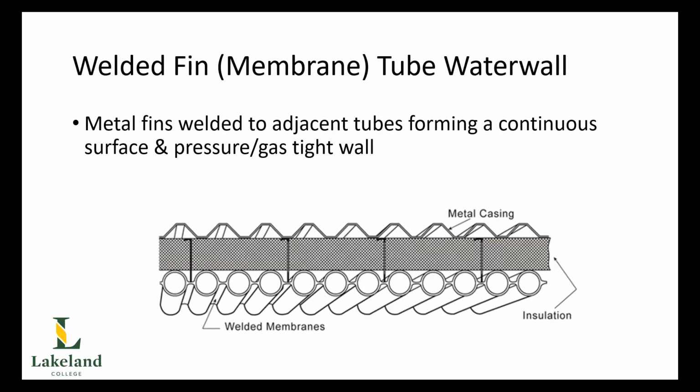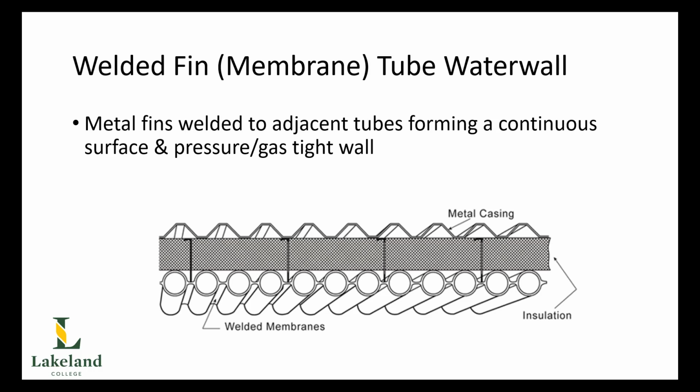The next one is our welded fin tube water wall, and this is the one that's often referred to as a membrane wall. And remember, a membrane wall simply means that this wall of water tubes is gas tight. And you can see that with the diagram here in figure 5 of your textbook. The tubes are connected together by these welded fins that connect both tubes.